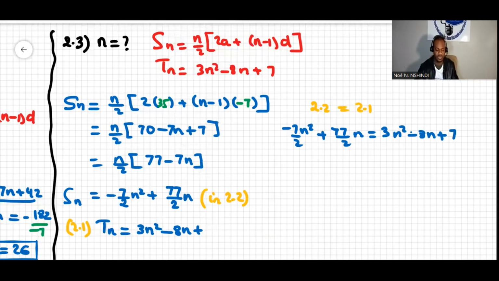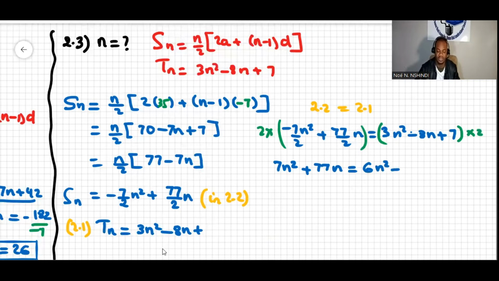Now, I think one of the easier ways is to get rid of the fraction. So we're going to times the whole equation by 2. Times here by 2, times there also by 2. And then this will become 7n squared plus 77n equal to 6n squared minus 16n plus 14.